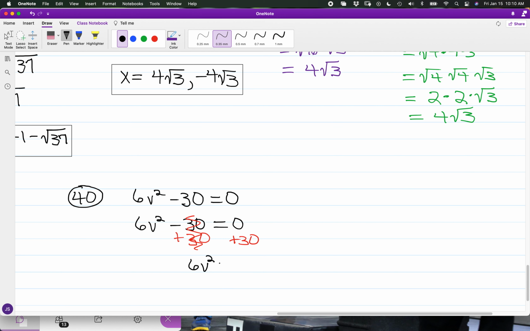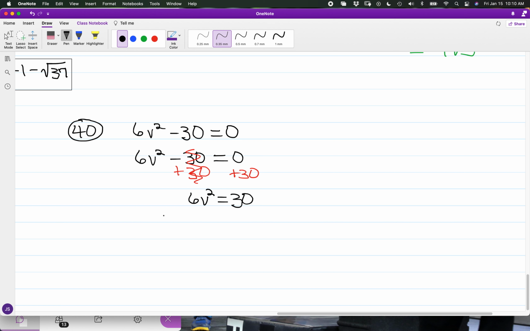So we have 6v squared is equal to 30. And if I express in terms of v squared, with division by 6, I have 6v squared over 6, which becomes v squared. 30 over 6 is 5.